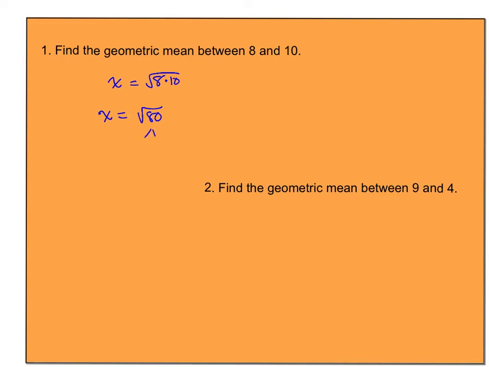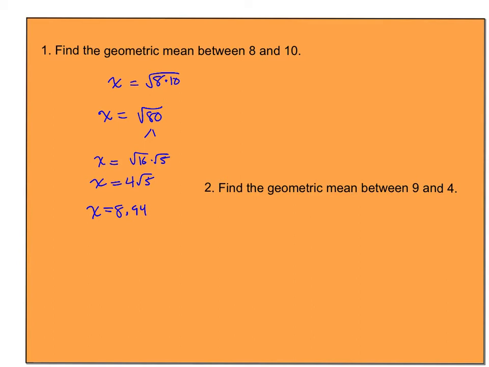I can split this into 16 and 5, so simplified, this would be 4 square root of 5. If I was following that simplification we were doing before, that's what it would be. If I actually took the square root of 80 and got a decimal answer, it would be 8.94.